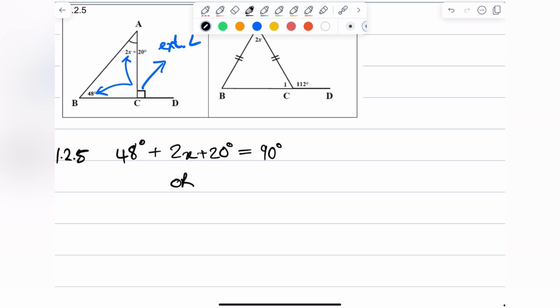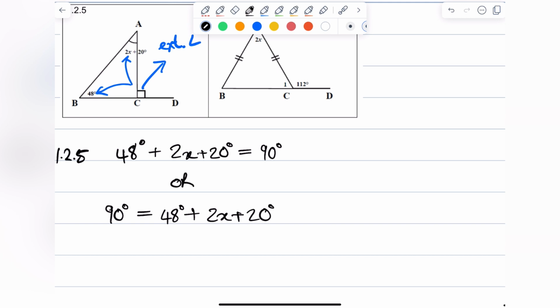Maybe you're more comfortable saying that the exterior angle, which is 90 degrees, is equal to the sum of the two opposite interior angles, which are those. Both of these ways of writing it are correct, because it's an equation.